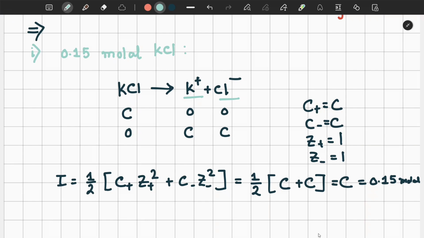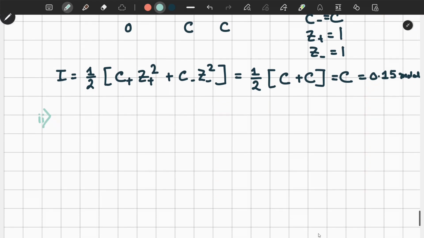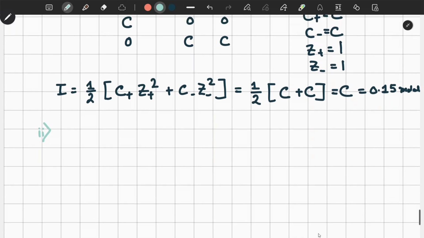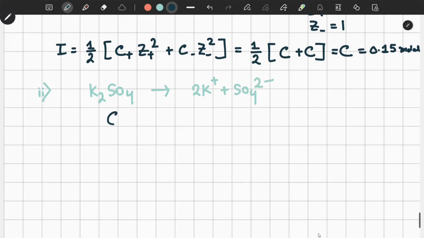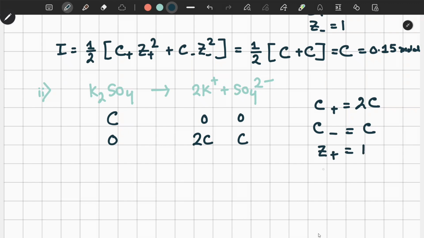Next one is K2SO4. So K2SO4 gives 2K plus and SO4 2 minus. This is just like Na2SO4. So first it is C, 0, 0, then 0, 2C, C. So C plus is 2C and C minus is C. Z plus is 1, but Z minus is 2.